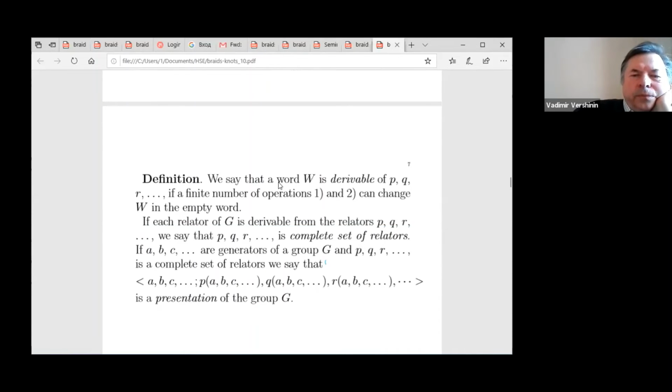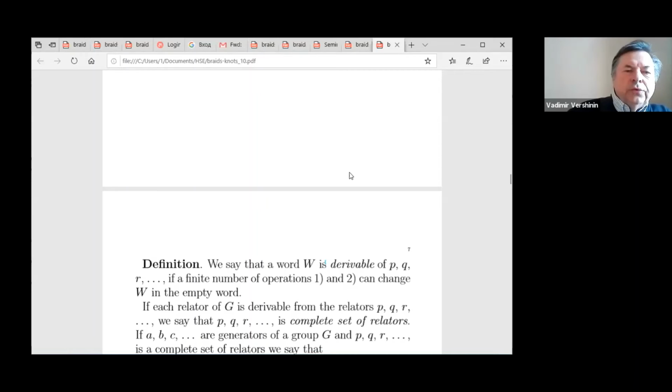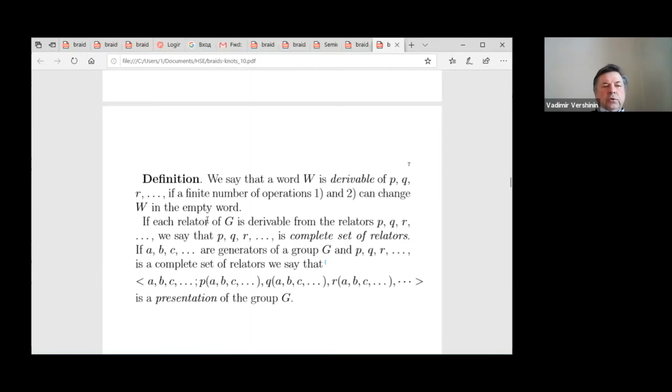A word W is called derivable from relators if you can do these operations 1 and 2 and go to the empty word starting with your word W. So suppose that you have an alphabet for encoding G, and each relator is derivable from the given set of relators, then we say that they constitute a complete set of relators.